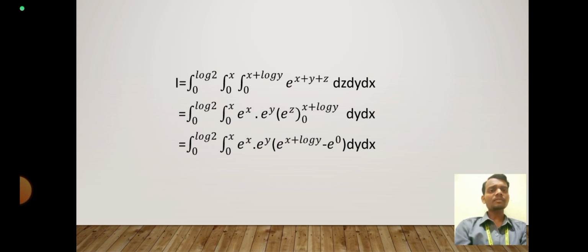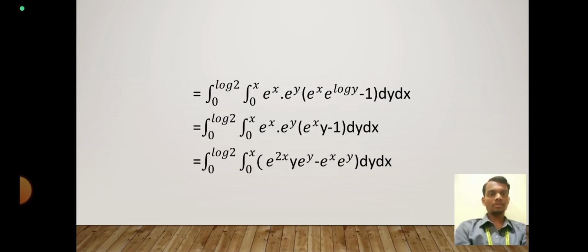and integral 0 to log 2, integral 0 to x, e power of x into e power of y, e power of z from 0 to x plus log y, dy dx. Integral 0 to log 2, integral 0 to x, e power of x into e power of y, e power of x plus log y minus e power of 0, dy dx.